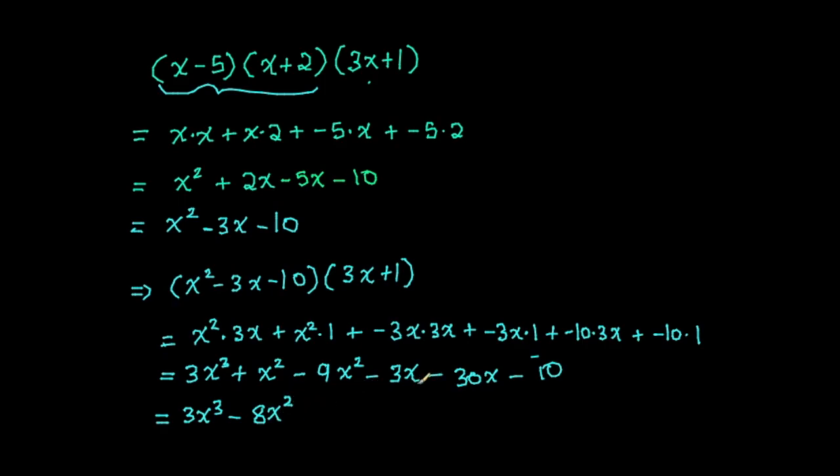And then here we have x terms that can be simplified: minus 3x minus 30x. So you're taking away 3 of something, and then you're taking away 30 of that same thing. So in total, you're taking away 33 of that thing. And then finally, minus 10.